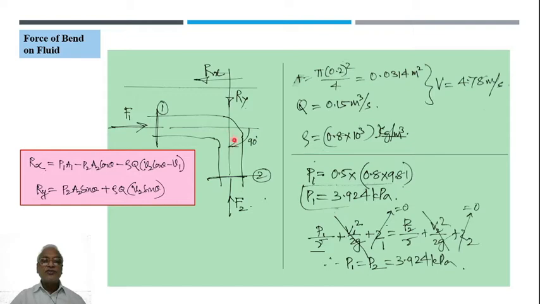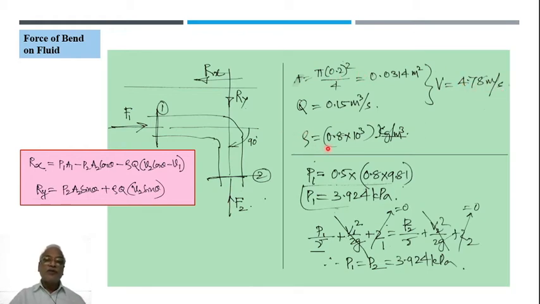The discharge through this is given, Q equal to 0.15 meter cube per second. So we can find out the velocity using the continuity equation. Q equal to A1 V1 or AV, and I'll be able to get velocity, which remains the same as the diameter is not changing, 4.78 meter per second.